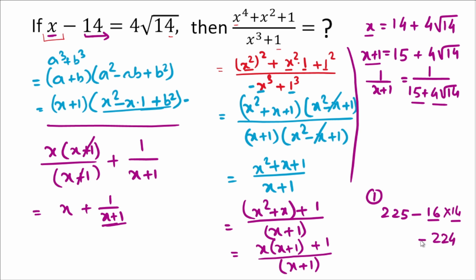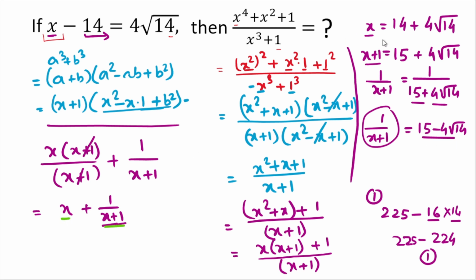The difference of 225 and 224 is 1, so we can rationalize this expression. So the value of 1 over x plus 1 is 15 minus 4 square root 14. Now we have it in simpler form.